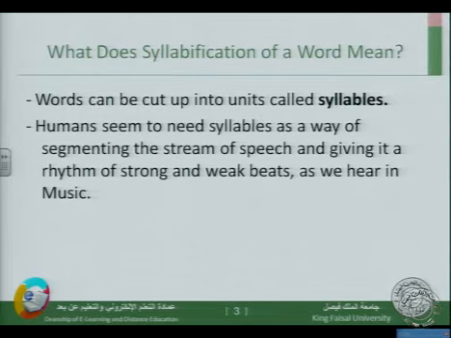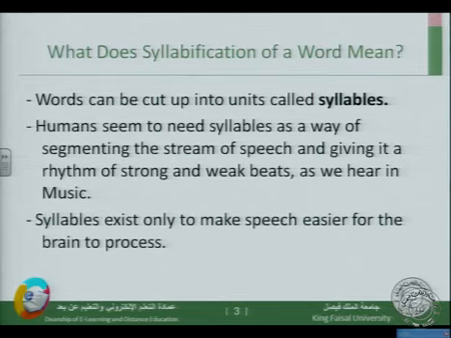Humans seem to need syllables as a way of segmenting the stream of speech and giving it a rhythm of strong and weak beats, as we hear in music. So human beings always try to divide words into syllables. Segmenting means dividing the stream of speech and giving it a rhythm.